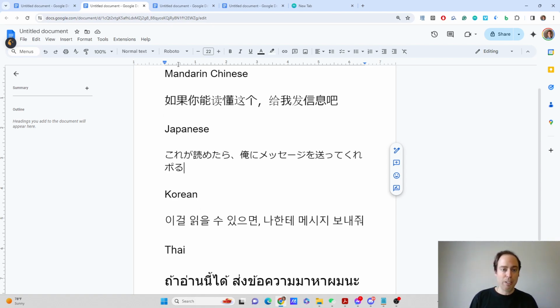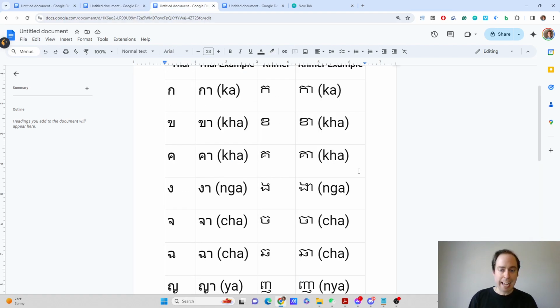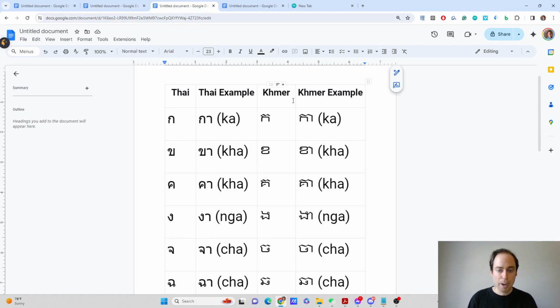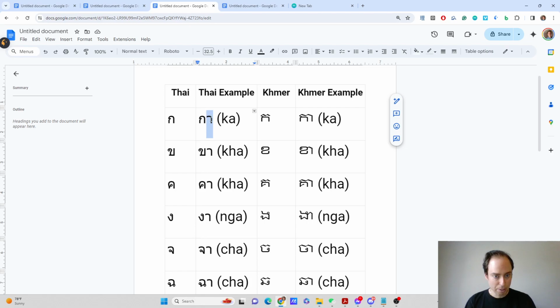Now, I wanted to take a look at what Thai looks like compared to modern Khmer, because both these alphabets come from Old Khmer. And you can see, firstly, that Thai has this letter, which is the vowel sound A. And we can see in Khmer, there's also this kind of A sound that looks like a cane.